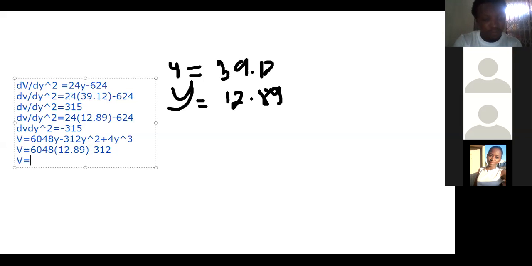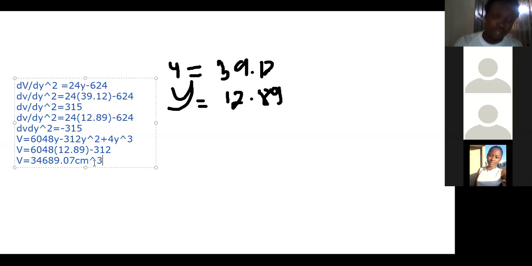So we are going to get the volume equal to 34689, I think .07 cm cube.